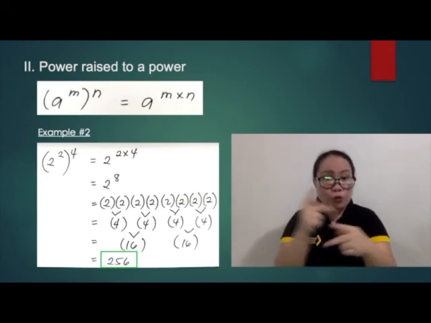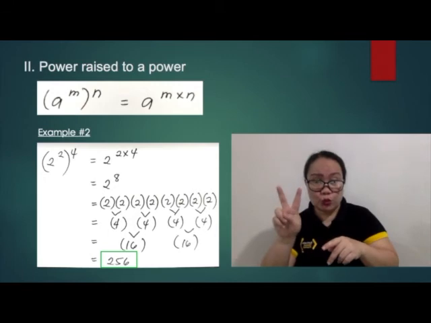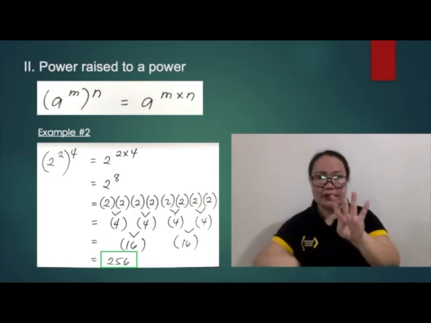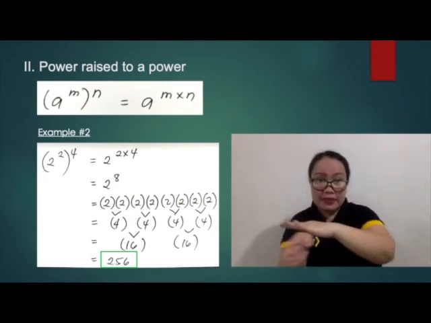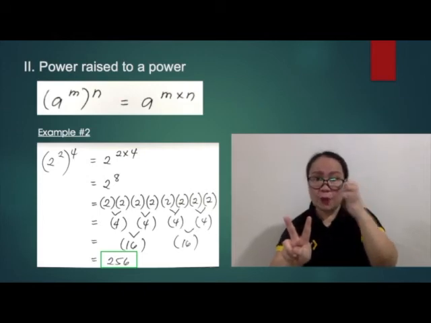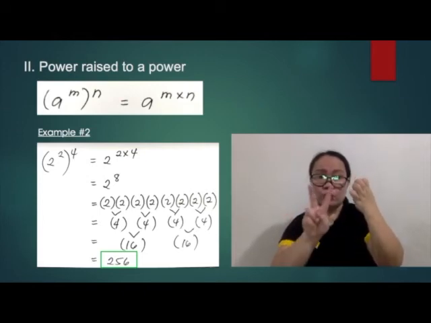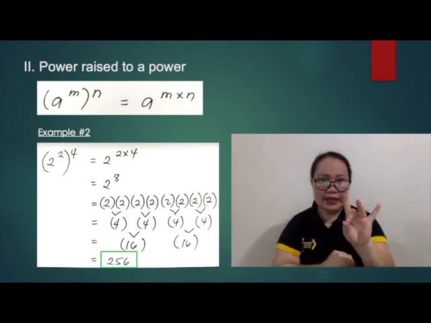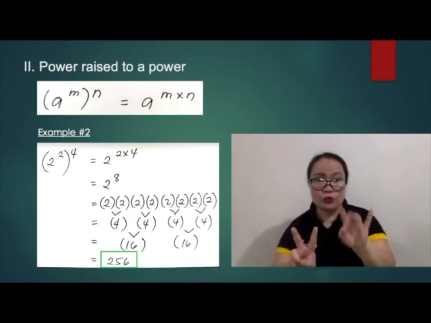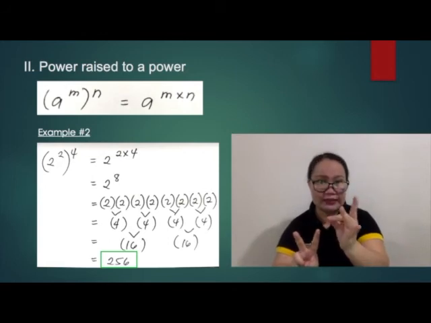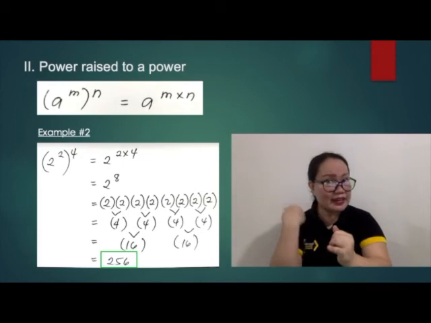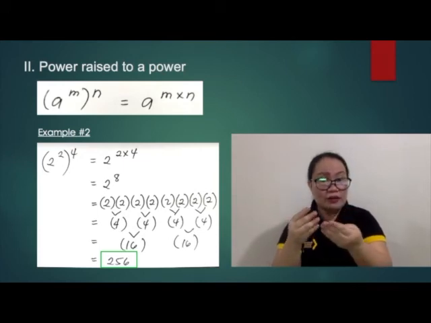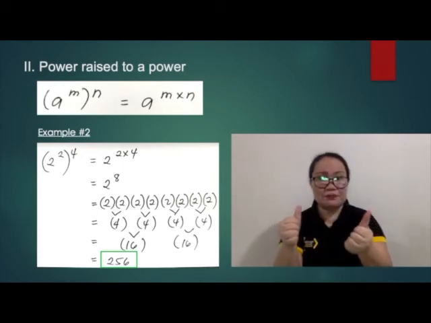So multiply 2 by 4. 2 is the base, and then the exponents, you multiply 2 times 4, which is equal to 8. So 2 raised to the power of 8. That is not the final answer yet. You need to simplify it further.